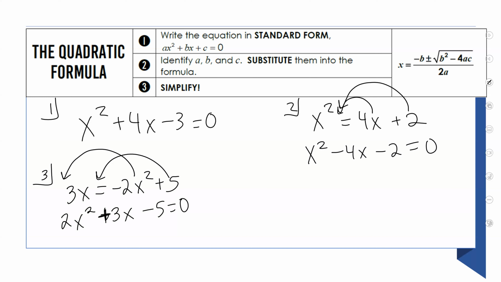Okay, so we're going to do an example first. So we're going to go to the notes. Can you read me this one? Thank you. 6x squared minus 11x minus 10 equals 0.